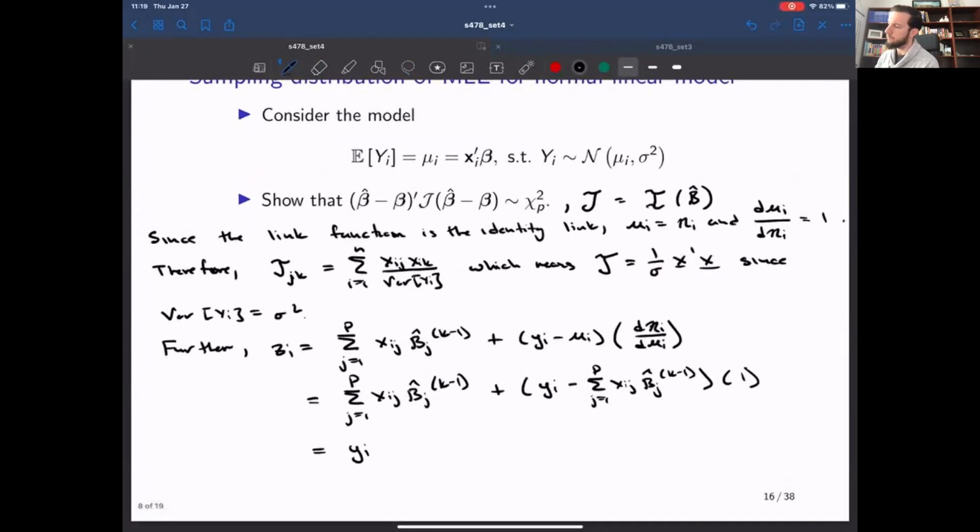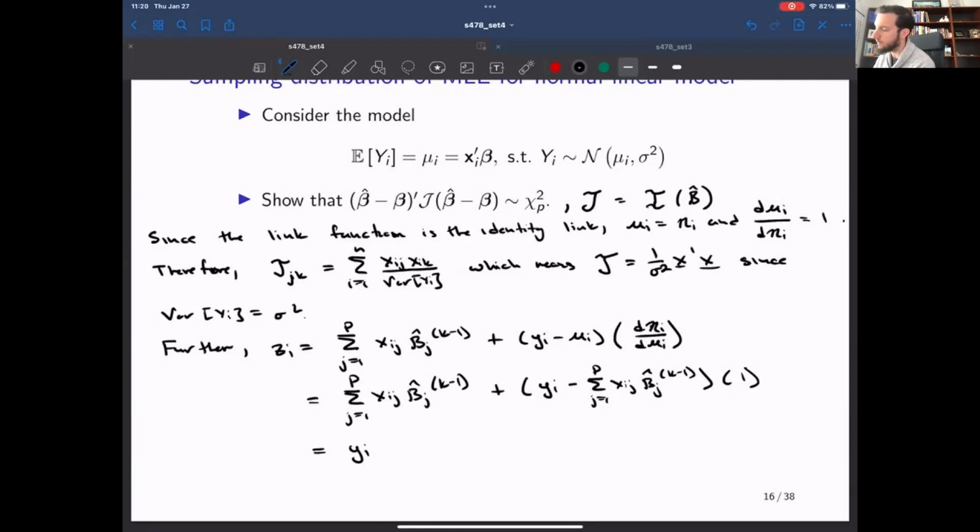Okay, so for the normal linear model, obviously the simplest case, we're getting a lot of cancellation here. From lecture set number 3, when we derived the iterated weighted least squares method, we talked about the derivation of the expected value of the information function. That's what this first matrix is. We're showing that the information function is just 1 over sigma squared multiplied by x transpose x. In the second line, here is zi, that estimating equation from lecture set 3.